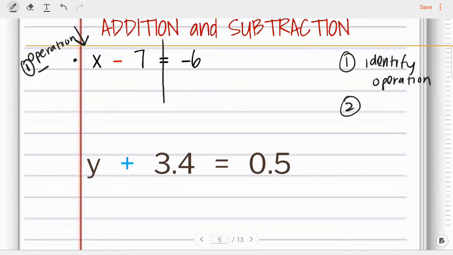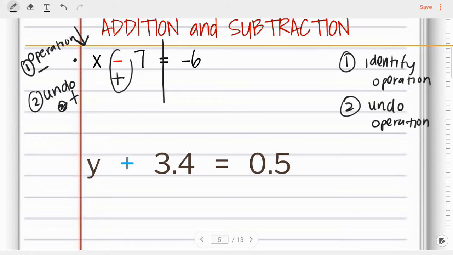And step number 2 is undo that operation. If I am subtracting 7, I need to undo that operation and I need to add 7. To undo, I'm going to add. So underneath this minus 7, I'm going to write a plus 7.